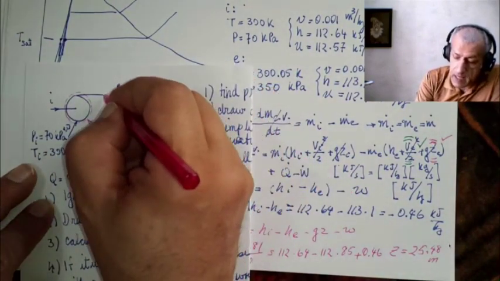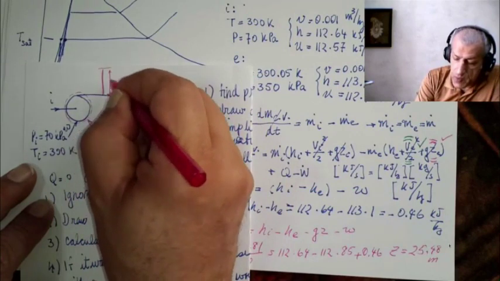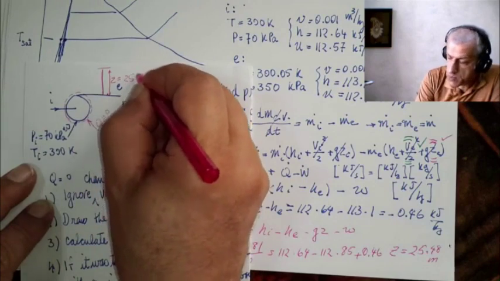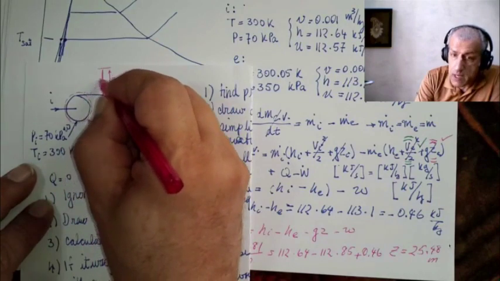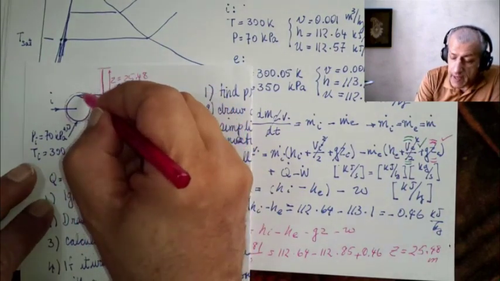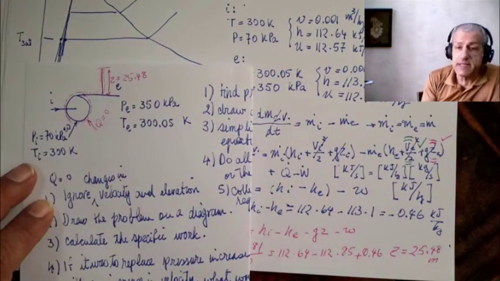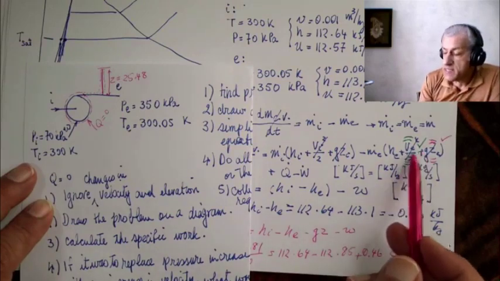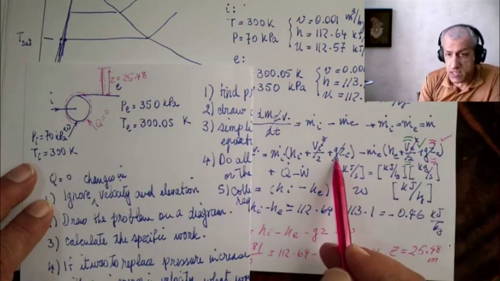The exit plane, we would have raised the water level to Z equals 25.48, and the end of our control volume would no longer be here at the pump exit, but it would be here, because the exit condition, as we are writing in this equation, has a different elevation than the inlet condition.